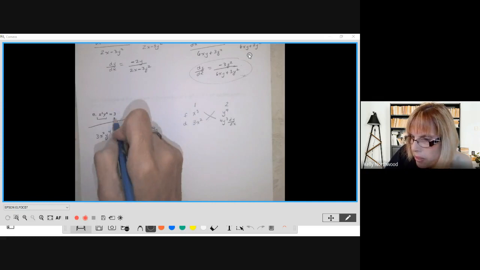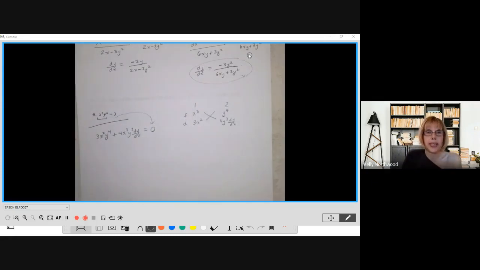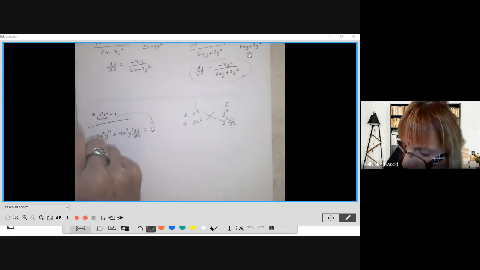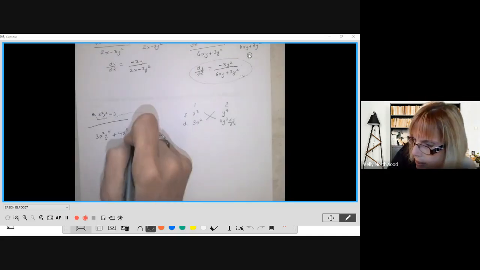equals 0. One of the most common errors is people forget that the derivative of a constant is 0 and they put a 3 there by accident. So don't let that happen to you. And then this one, we've only got the dy by dx in one spot anyways.